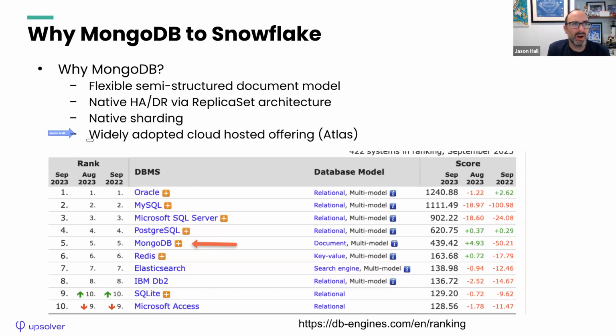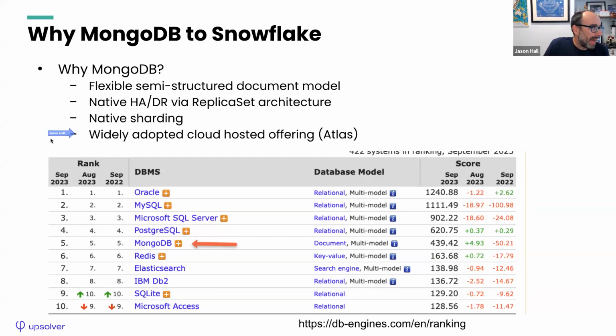Some of this may be because of the developer preference for MongoDB and developers really being more eager to move into the cloud sometimes than legacy IT providers, but a lot of MongoDB's growth and popularity has been fueled by its cloud offering Atlas. Right? So for all these reasons, and honestly, for those of you on the call today, MongoDB has become a very popular database for storing semi-structured data. Right?